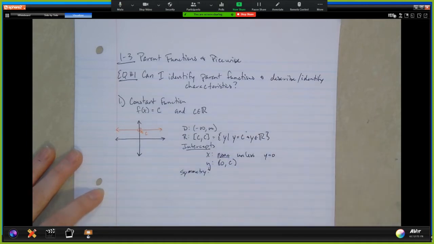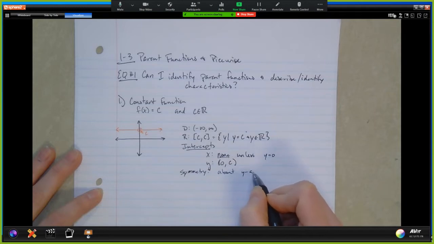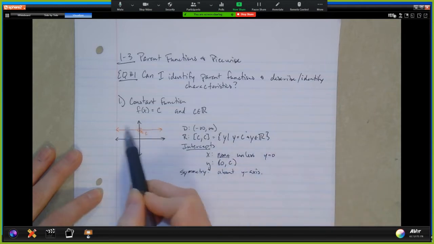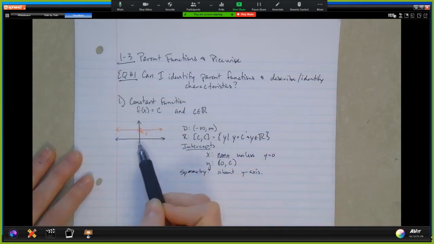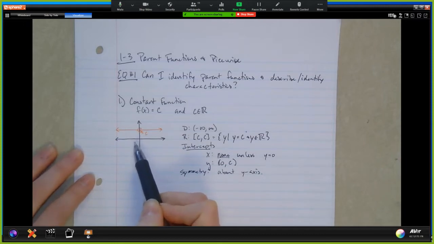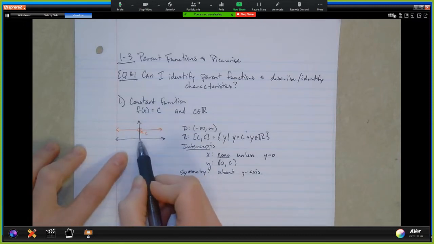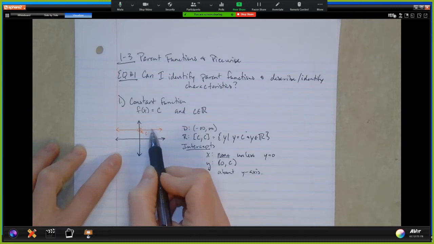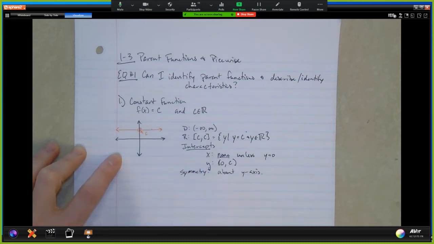What would you guys say? Yes. So symmetric about the y-axis. So you could reflect it across the y-axis. It is not symmetric about the origin. To be symmetric about the origin, we would be able to take a point and rotate it 180 degrees and land back on that graph. And this would not do that.